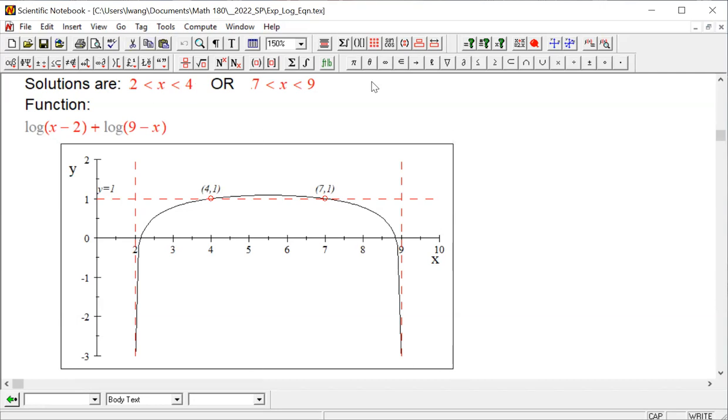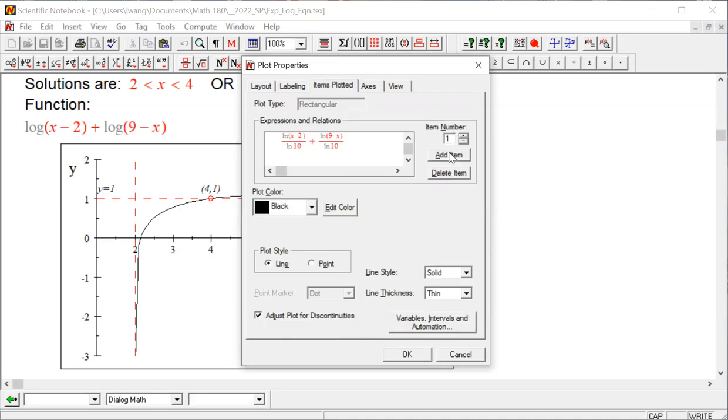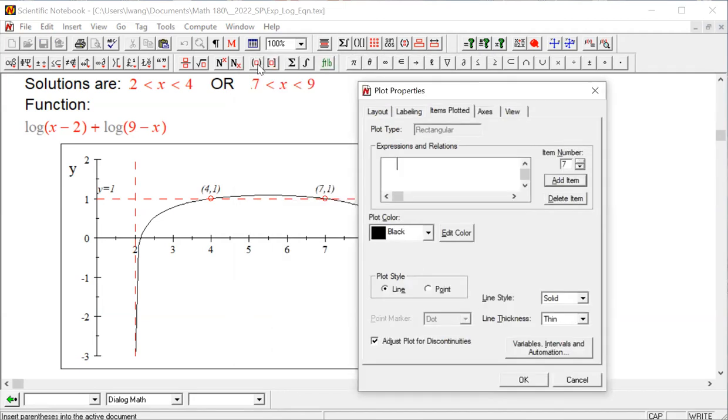So we must take into consideration our domain, right? So let's mark these 2 intervals. From 2 to 4, right? The red. Okay, and from 7 to 9, and also circles, right?